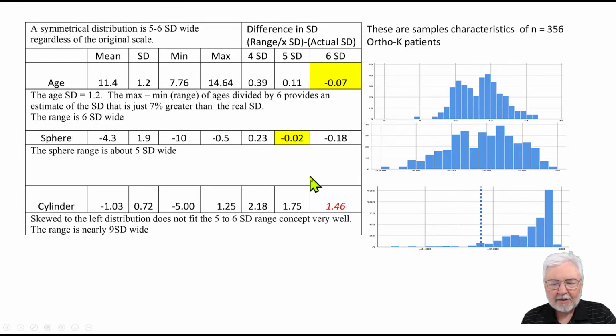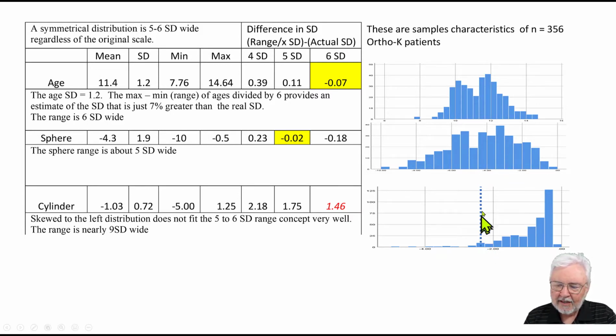Now, this relationship doesn't actually work very well if the distribution is spherical. It's different: 1.46. The standard deviation is 72. So it's a lot bigger in this estimation. So this works with symmetrical distributions, not necessarily bell-shaped ones, but symmetrical.